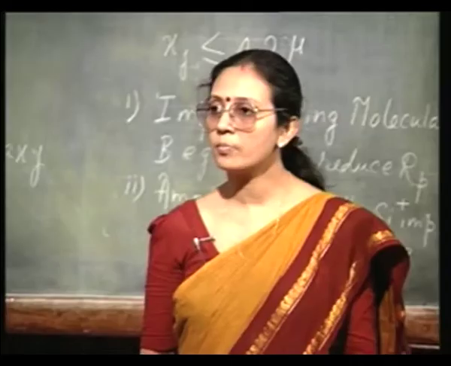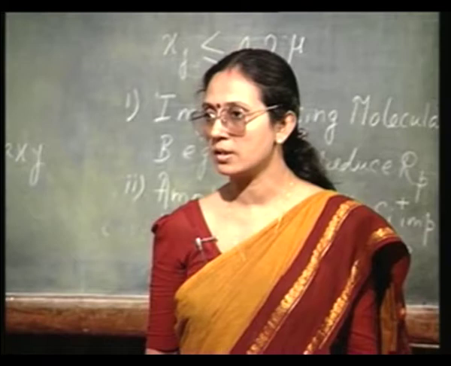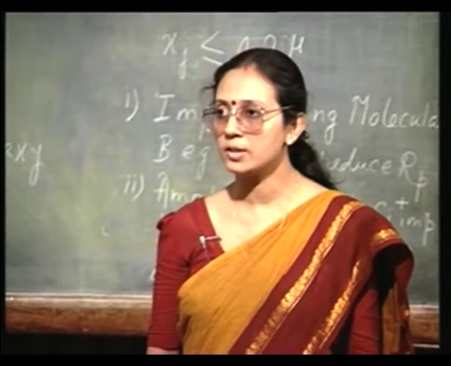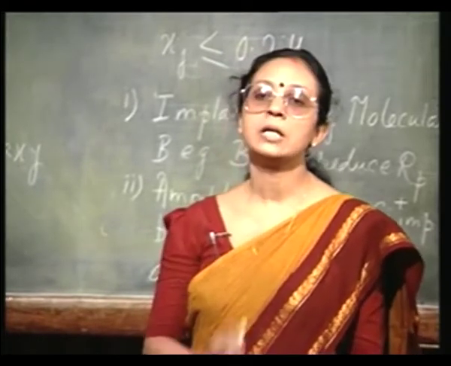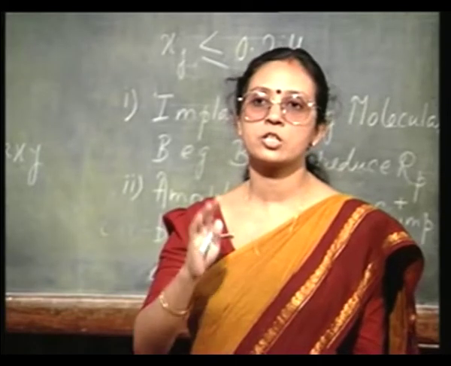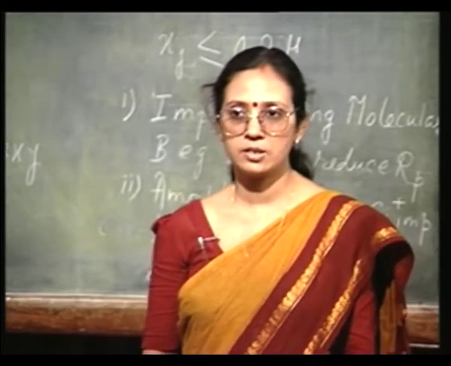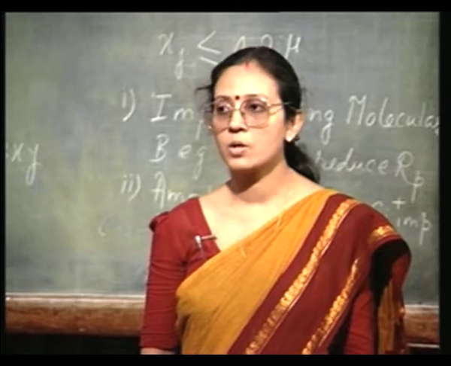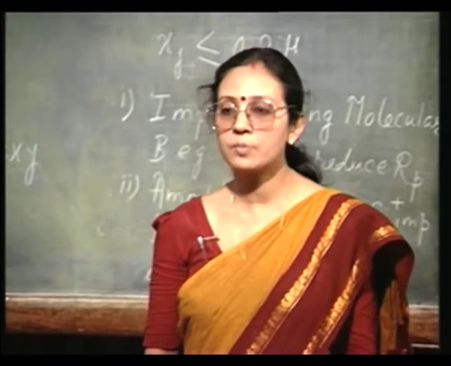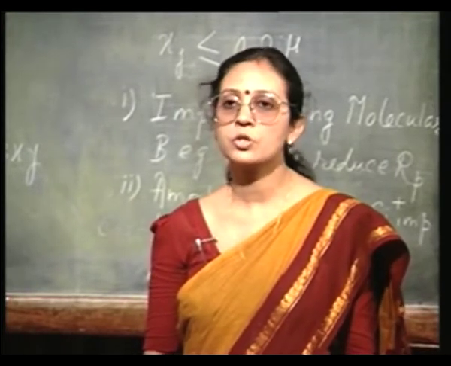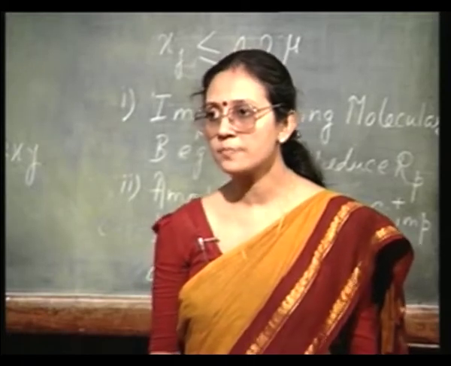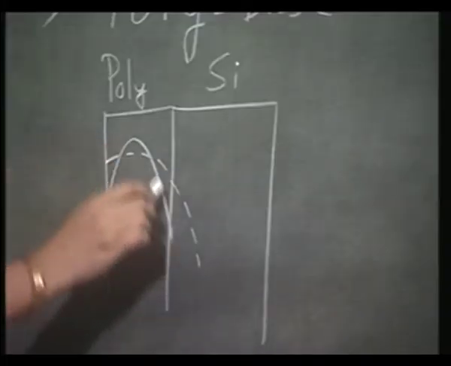So, you are not doing the implantation directly into crystalline silicon, you are doing the implantation in the polysilicon, making sure that no part of this implantation reaches the crystalline silicon region. And next, you are going to use this implanted poly as the source. You do a short high temperature treatment, so that this is what you get.